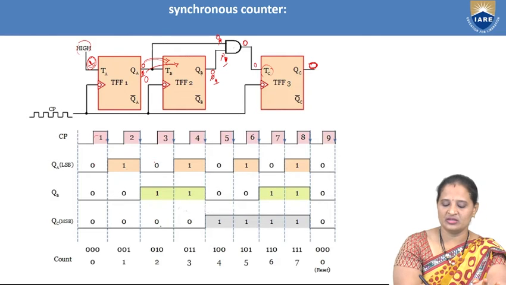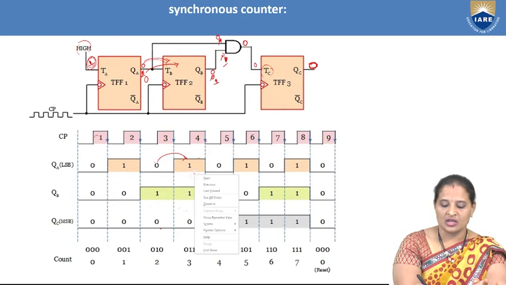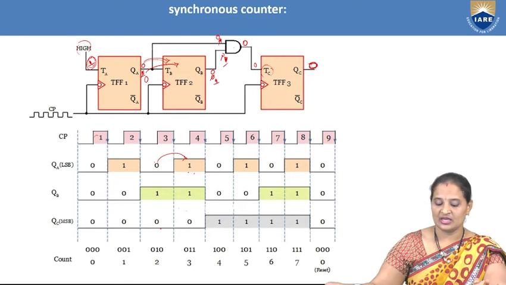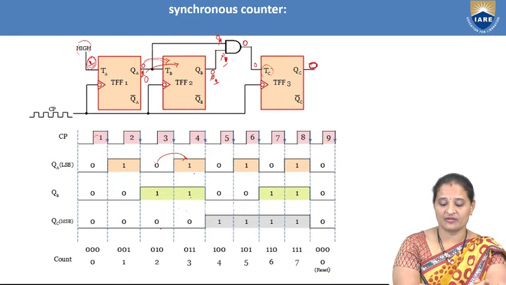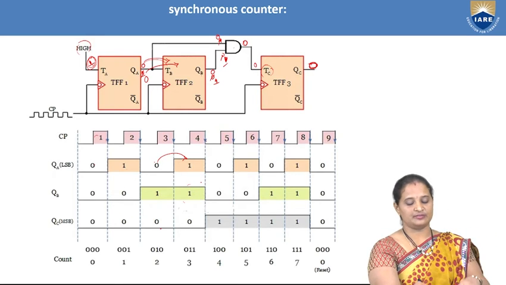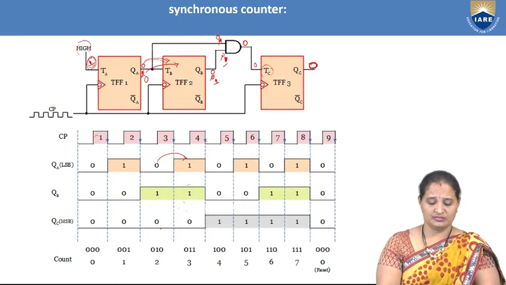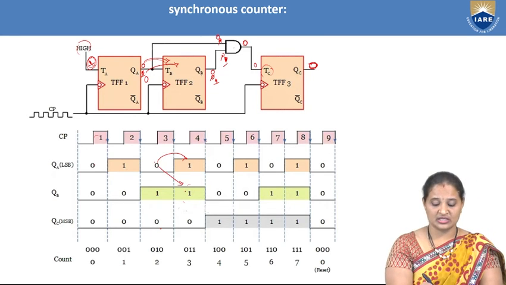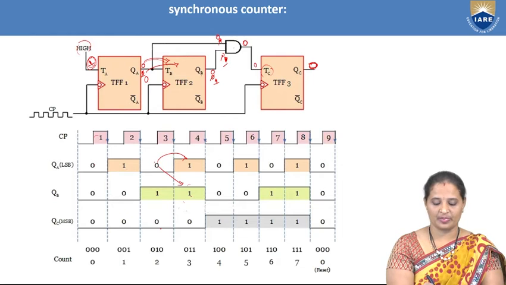So 0, 1, 0. Now again during the negative edge, the first flip-flop toggles to 1. The second flip-flop's toggle input was 0, so it never changes its state and remains in the present state 1.